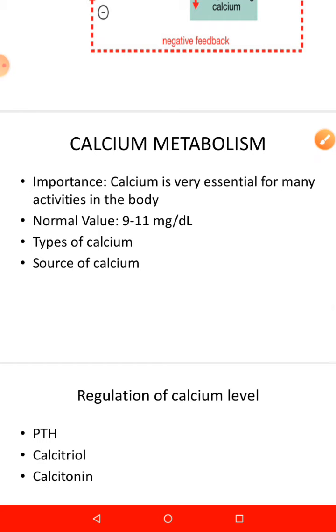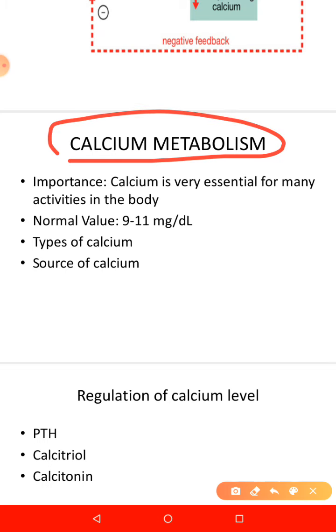And then another subtopic, calcium metabolism, because the parathyroid is associated with calcium homeostasis. So it's important to understand the importance of calcium. There are so many importances of calcium.